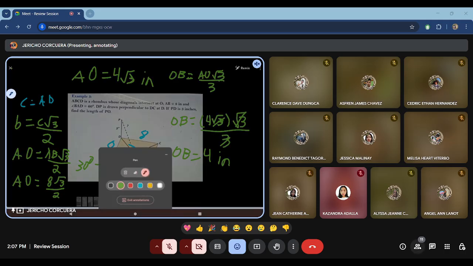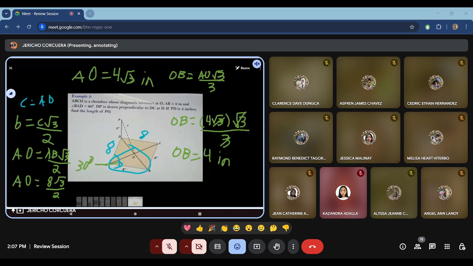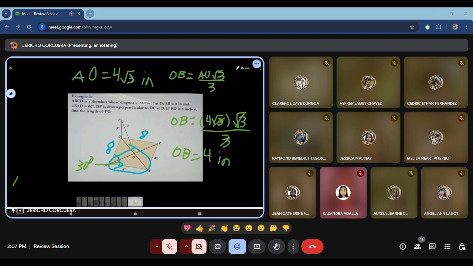Anyway, now let's look for the other values. We already have the value of AO and the value of OB. And the value of AD is 8 and AO is 4 square root of 3 inches. So we can now look for the value of DO. Let's find the value of DO in terms of AD.